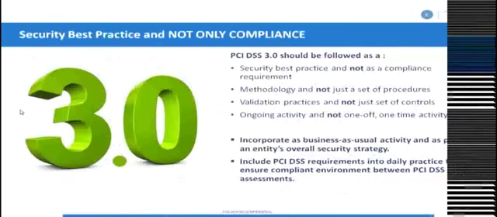Consider PCI DSS as a methodology that you would follow. It has to become a business as usual activity. It is not a one-time activity. It is not something that you have to prepare yourself for before the audit is done, because that would definitely not work in line with you being compliant to the standard.